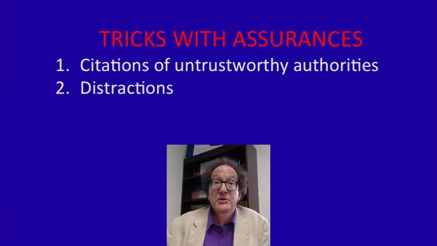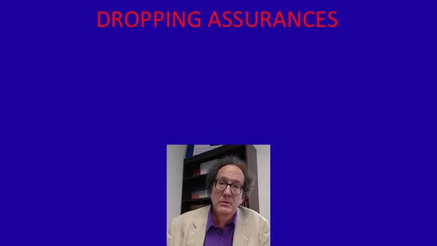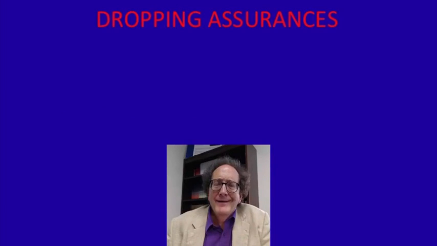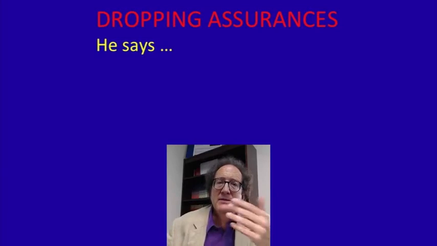Another trick is when assurances get dropped. People will start off saying, he believes this, I believe that, and then they drop it and start talking as if it's true. My favorite example of this was a case a few years ago when there was a person caught in Germany for cannibalism. And it started off with the reporters saying, well, the person accused of cannibalism says that there are lots of other cannibals in Germany.